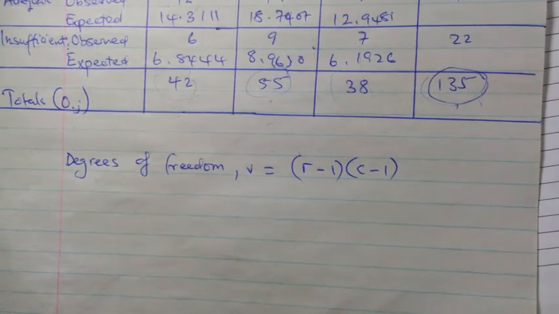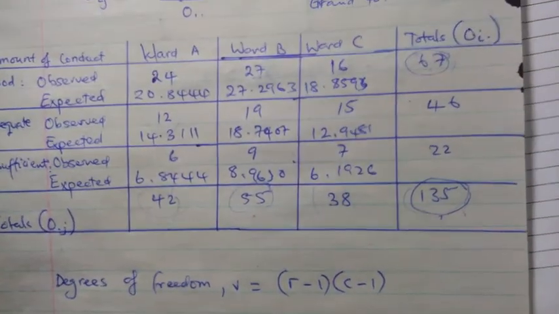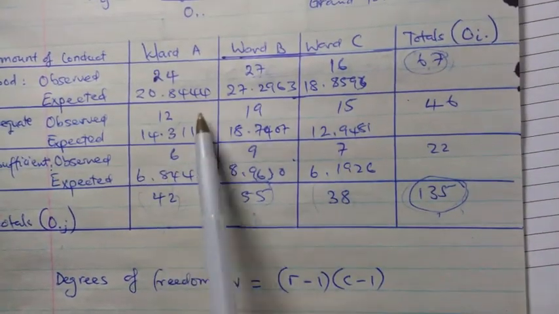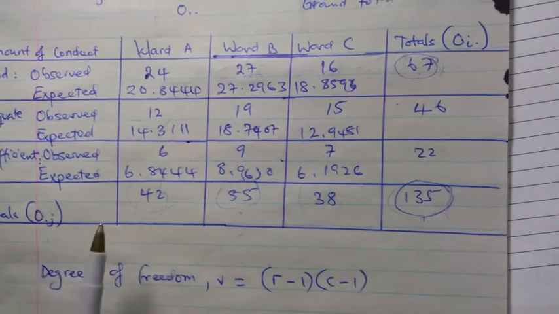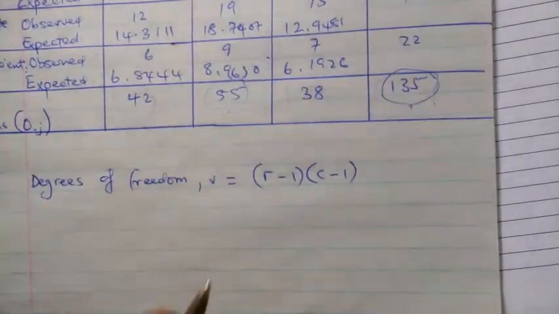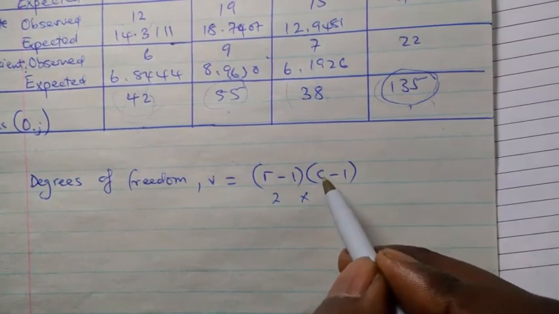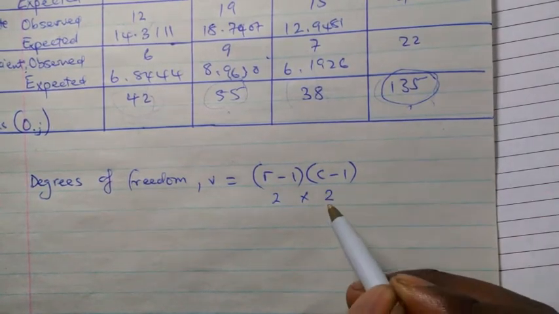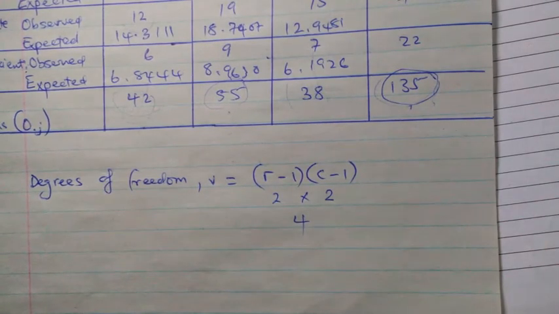Our table has 3 columns and 3 rows, so 3 minus 1 gives 2, multiplied by 3 minus 1, another 2, so 2 multiplied by 2 gives 4. So our degrees of freedom for this setup is 4.